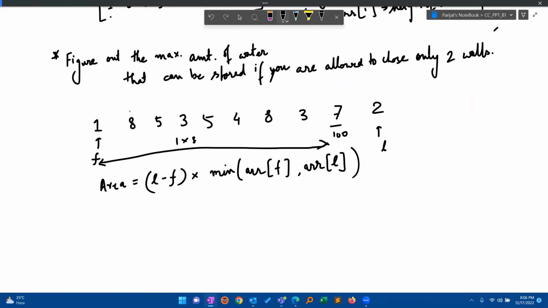But the moment we move 1 to 8, instead of moving the last pointer, the area can become higher because the width has reduced by 1, but the minimum has now increased. So 2 into 7 or 2 into 8, whatever it is. So the area is now higher.